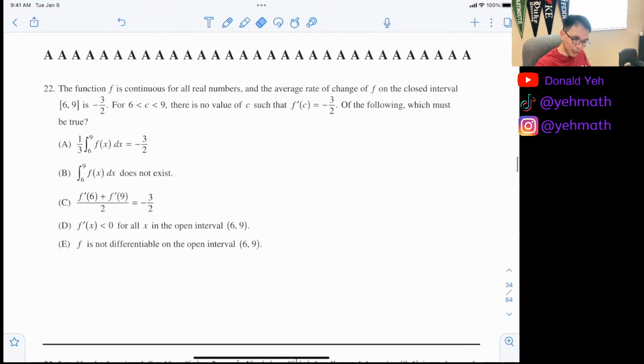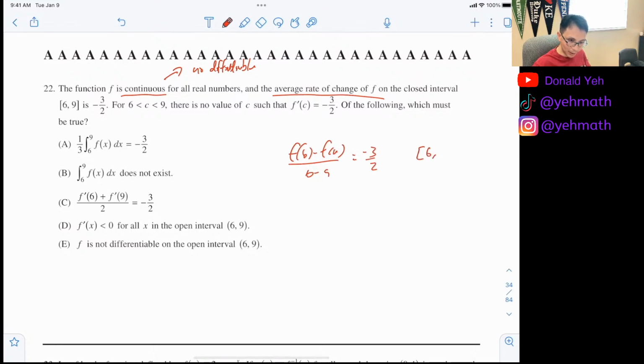They say f is continuous. Is it differentiable? No, not differentiable yet. And the average rate of change: remember the average rate of change? f of b minus f of a over b minus a is equal to -3/2 between 6 and 9.